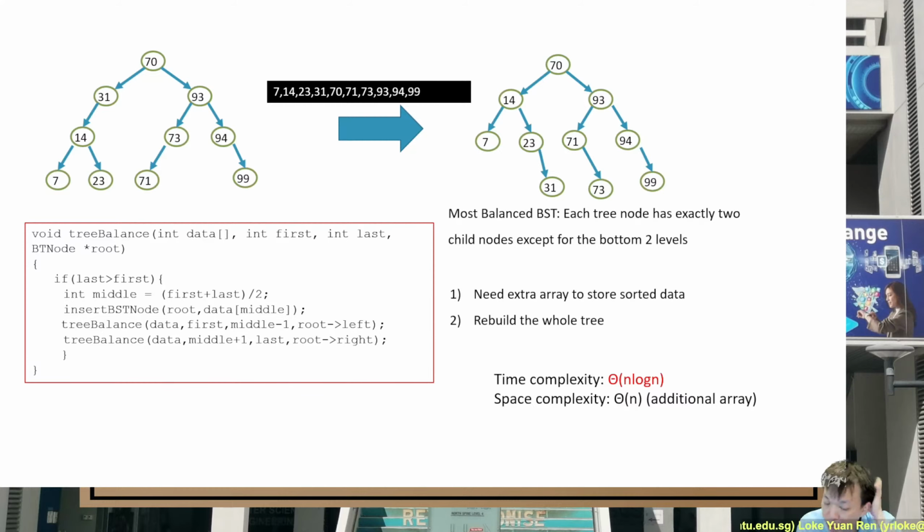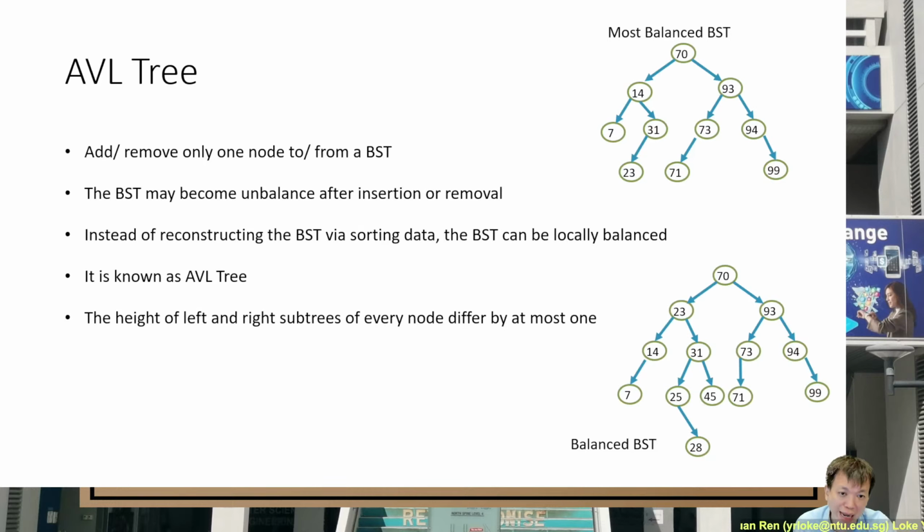So people started thinking about whether they can have some algorithm that doesn't really need the most balanced tree, as long as the tree is quite balanced, and you won't end up with a binary tree which looks like a linked list.